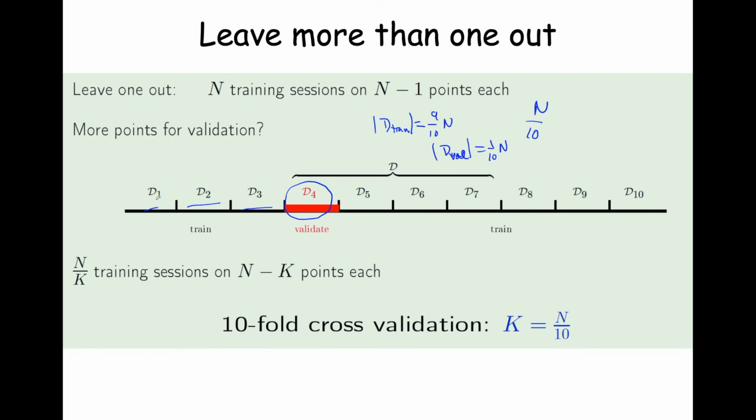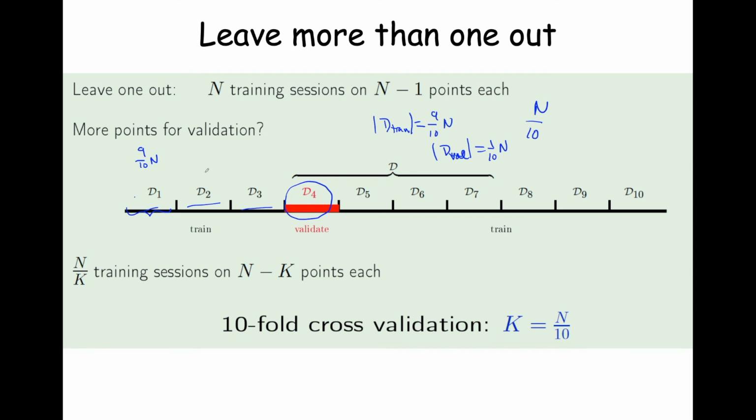So if you leave out the first fold, you're going to have a D train of size 9/10 of your original data set. And you're going to validate on this 1/10 size D1, right? So instead of D1, that subscript representing the data point, it's going to represent which fold that you have.